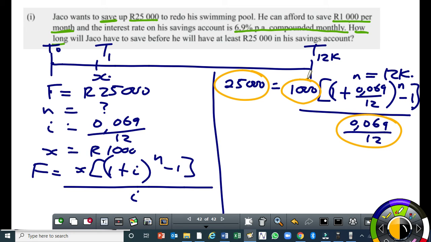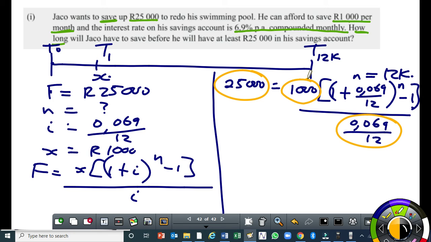Don't worry, I'm going to simplify it, but I'm explaining the steps. First, multiply that interest part, which is part of the denominator, by 25,000. That product, divide by 1,000. When you do that, you are going to eliminate the square brackets.